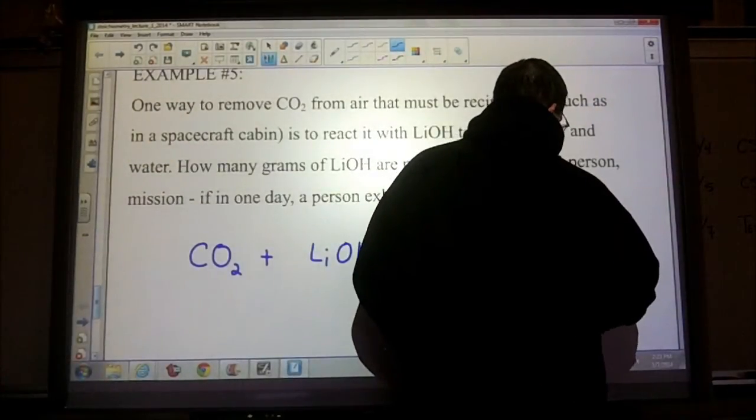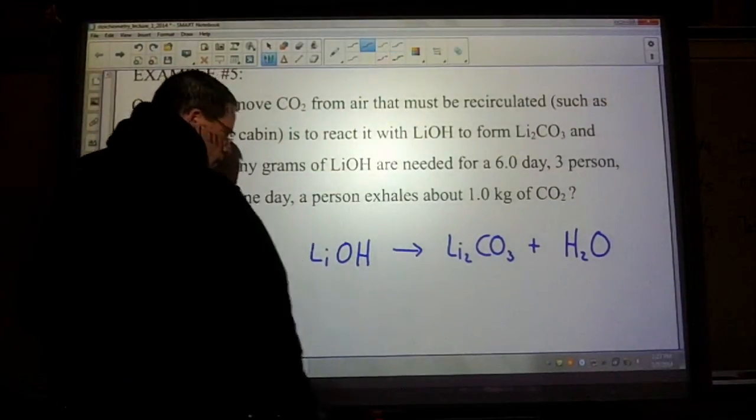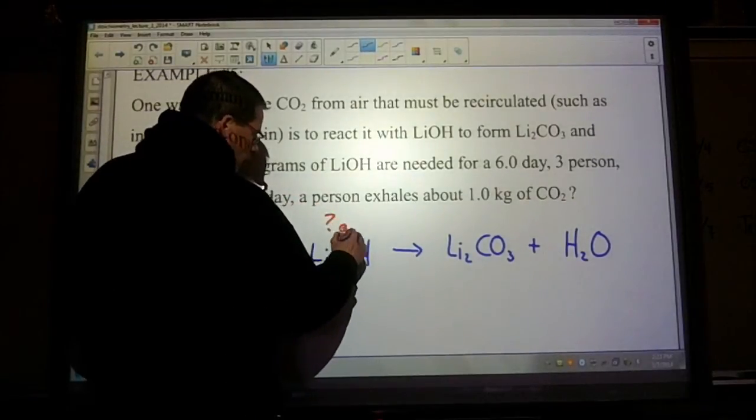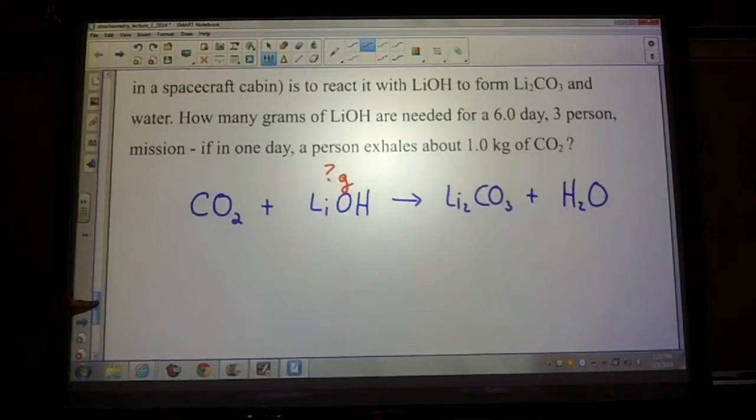Now, what do we know? Actually, what are we looking for? Let's start there. How many grams of lithium hydroxide? Good. So we need to know how many grams of this. What do we know?